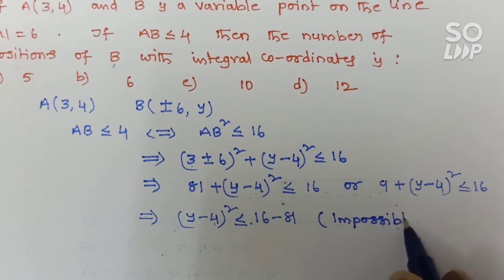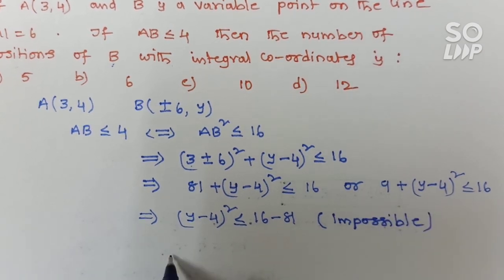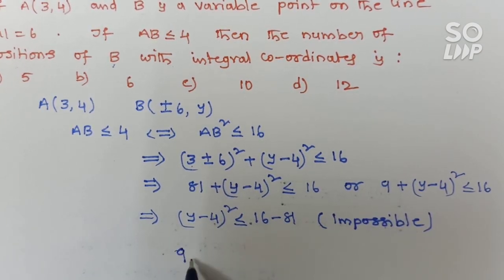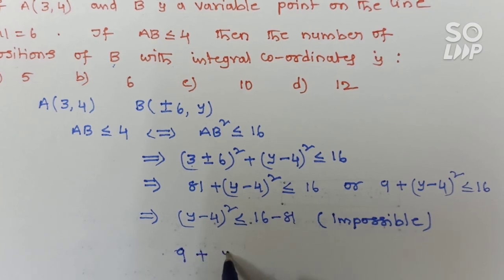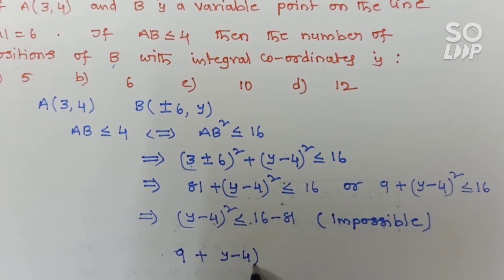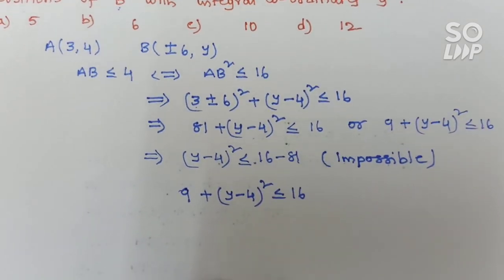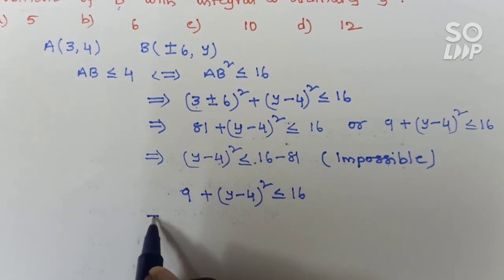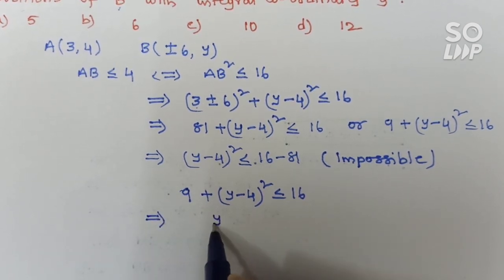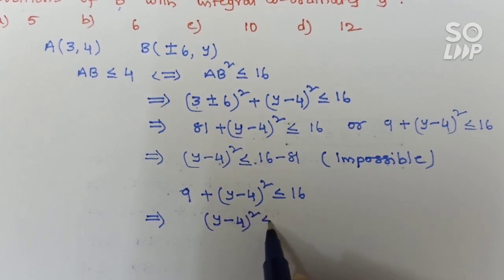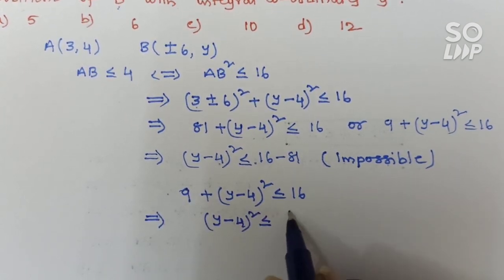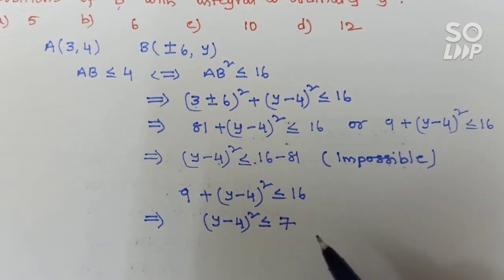Okay. So the next one is 9 plus (y minus 4) whole square less than or equal to 16. So from this you can write that (y minus 4) whole square is less than or equal to 16 minus 9, which is 7.